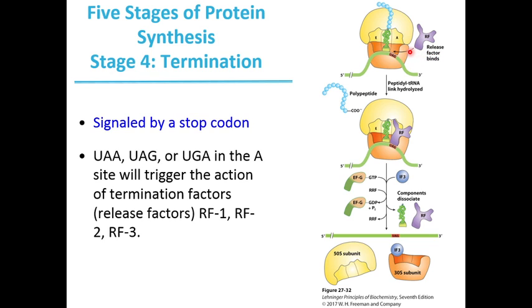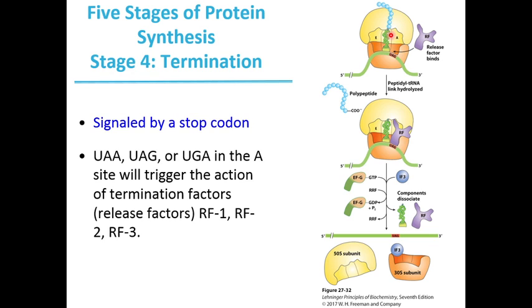First, a release factor, RF, binds to the A site. This leads to the hydrolysis of the ester linkage between the polypeptide and the tRNA. And this ester linkage is between the carboxy terminus and the hydroxyl of the 3' end of the tRNA.